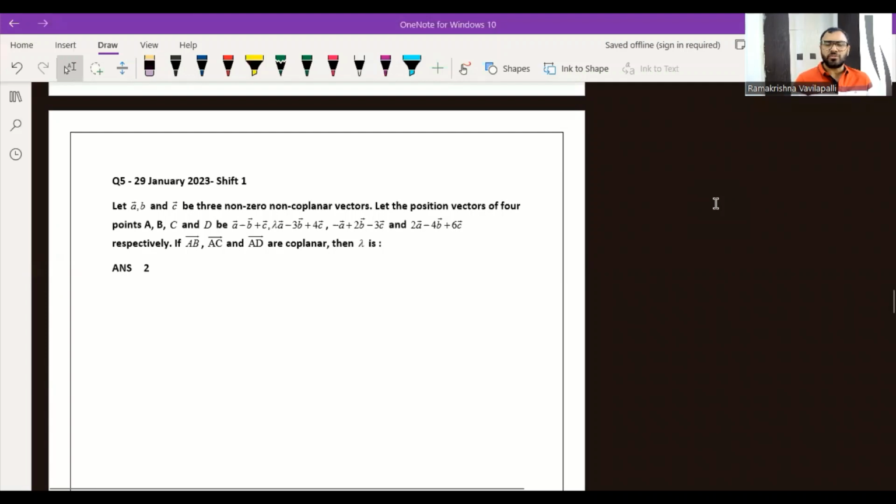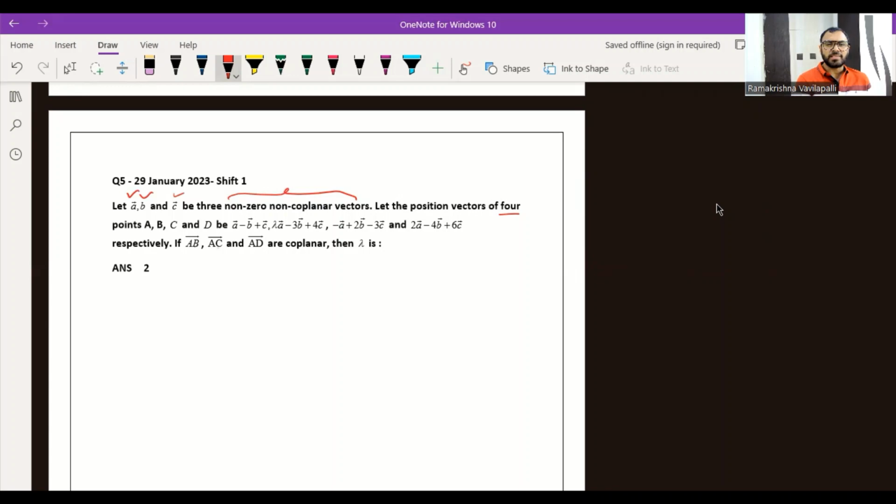So here is another question. Here it is given that A bar, B bar, C bar are non-coplanar vectors. Means I, J, K are non-coplanar vectors. Let the position vectors of 4 points A, B, C, D be given respectively.